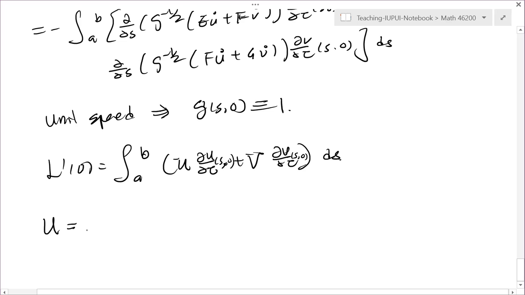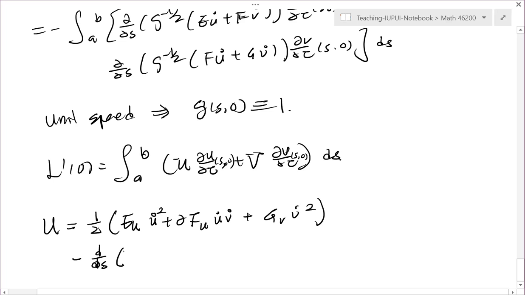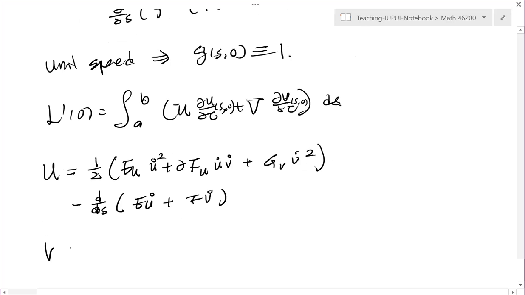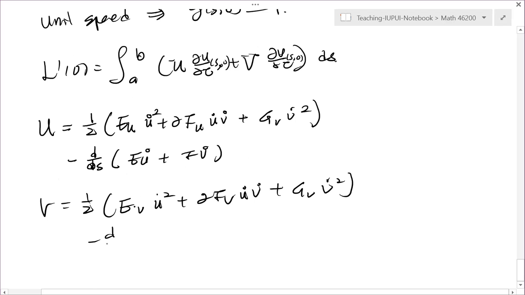U, because we assume that it's only the one, is half of E_u u dot squared plus 2F_u u dot v dot plus G_u v dot squared, and the minus, and another term, E_v u dot squared and 2F_v u dot v dot and G_v v dot, and minus G_s E_v dot F at F_u and G_v.